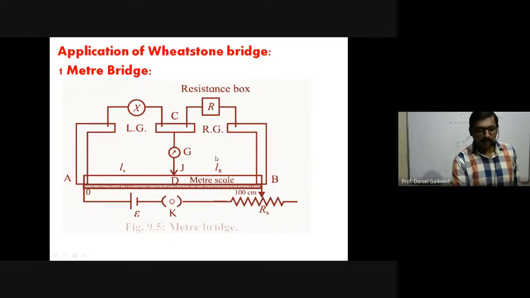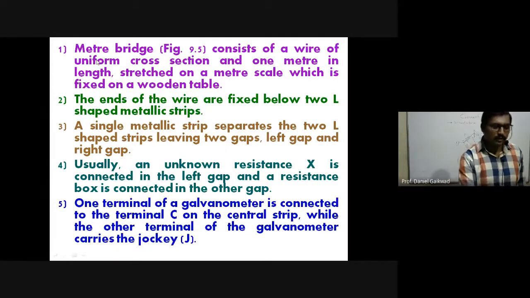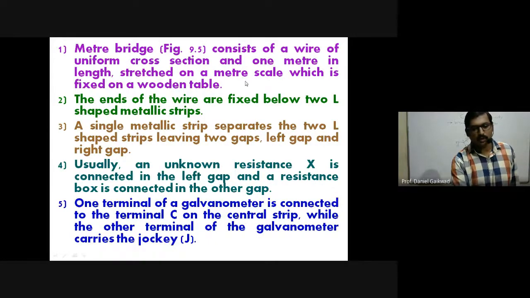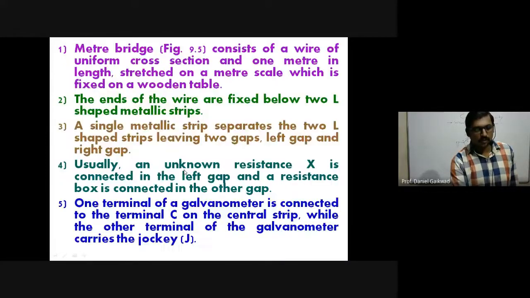Now we take these points one by one, as already explained. The meter bridge consists of a wire of uniform cross section and 1 meter in length, stretched on a meter scale, which is fixed on a wooden table. So this whole apparatus is fixed on a wooden box or wooden frame.